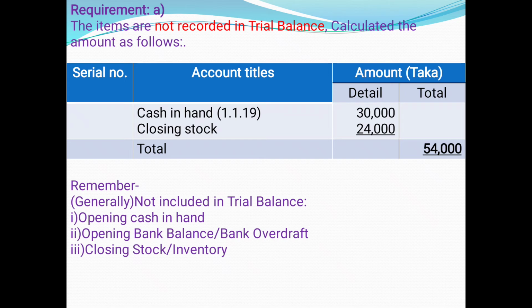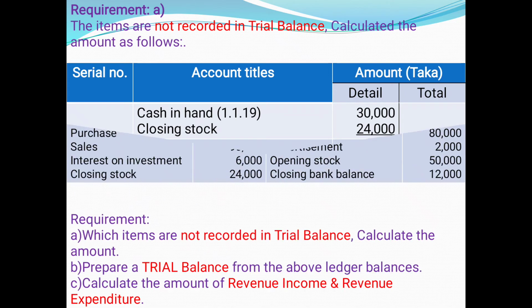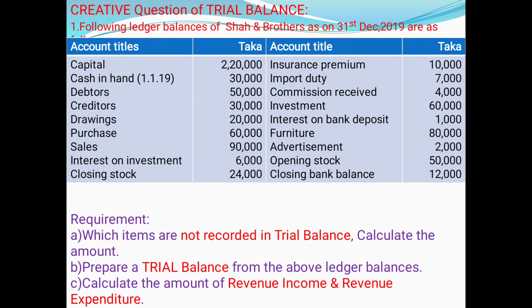Okay, go for knowing requirement B. What is requirement B? Prepare a trial balance from the above ledger balances. From the stem, you have to prepare a trial balance, that is summarization of balances or testing the arithmetical accuracy of the accounts.